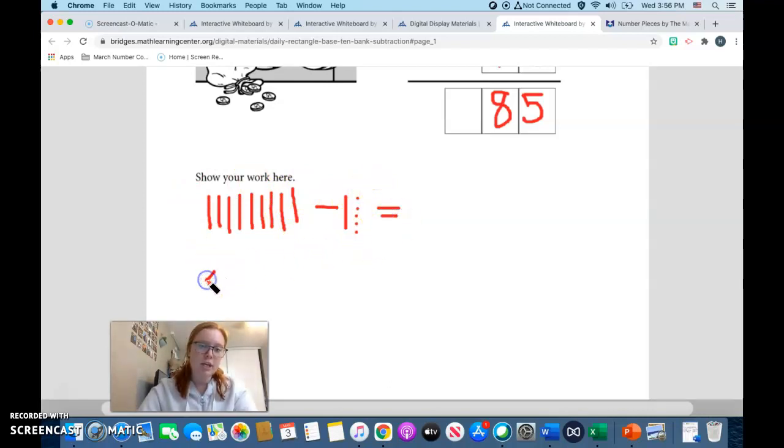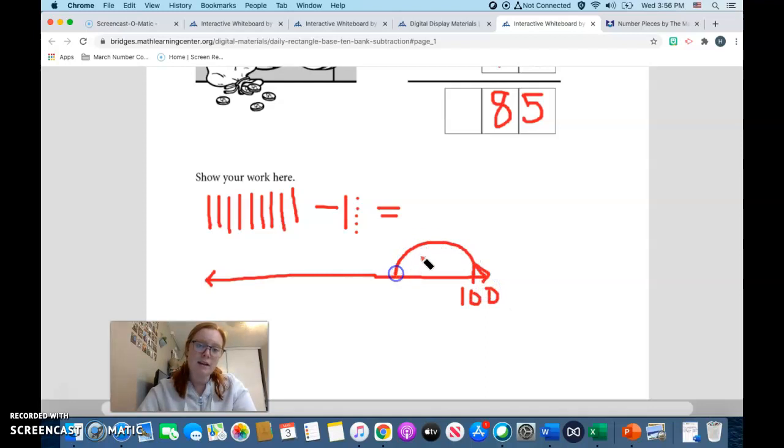You also can use a number line going from 100. Maybe you go back 10 because you knew you can subtract 10 and you got to 90. And then you can go back 5 little ones. 1, 2, 3, 4, 5: 90, 89, 88, 87, 86, 85.